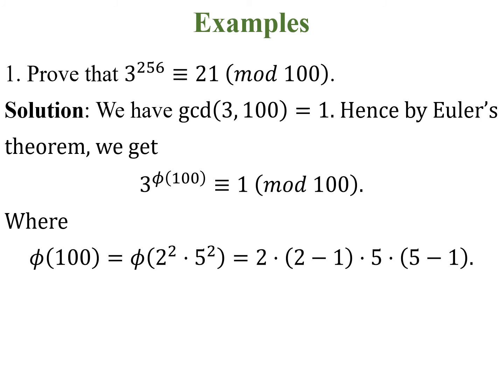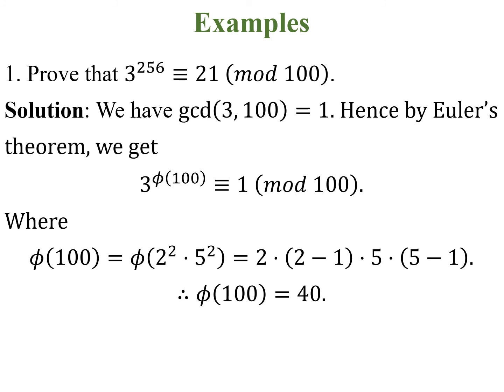So 2 into 2 minus 1, into 5 raised to 1, which is 5, into 5 minus 1. So it will be 2 into 1 into 5 into 4. 2 into 5 is 10, 10 into 4 is 40, 40 into 1 is 40. So phi of 100 is 40.